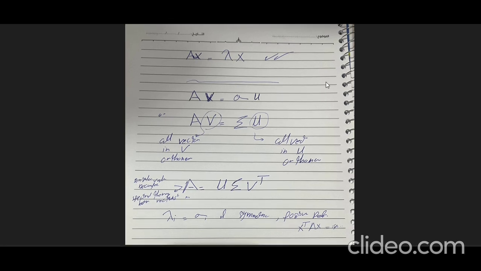Singular values and eigenvalues can be the same for the same matrix if the matrix satisfies this property: symmetric and positive definite, or positive semi-definite. Positive definite means all eigenvalues are positive.